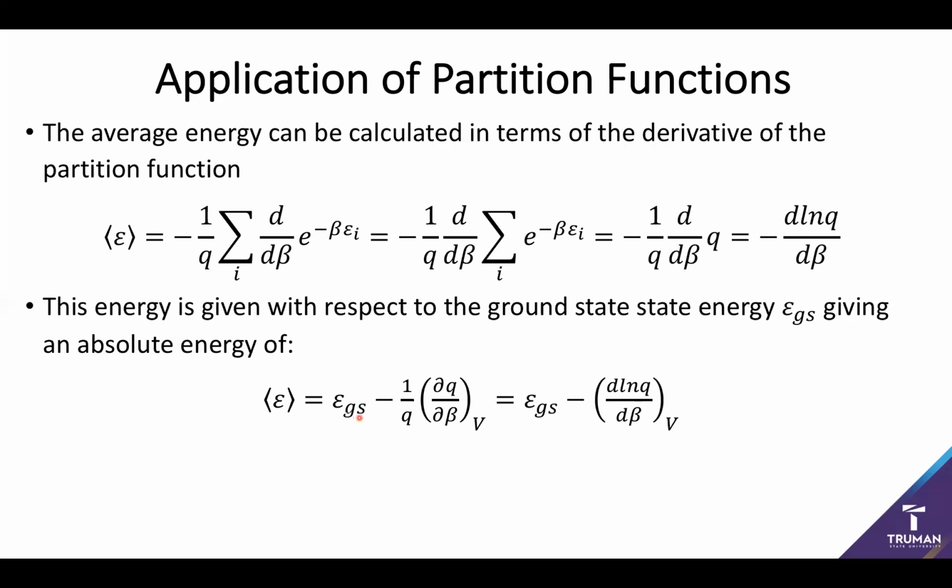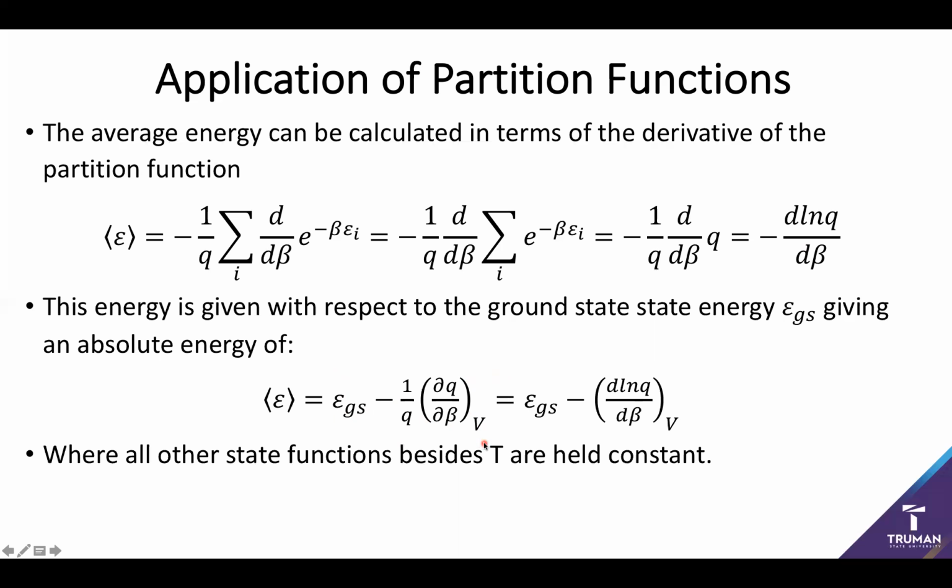But one of the other important things to make note of is that when we incorporated our derivative into our energy expression, we also applied this extra constraint. We're trying to hold volume constant. One of the reasons is that volume is the only variable that was left to vary.